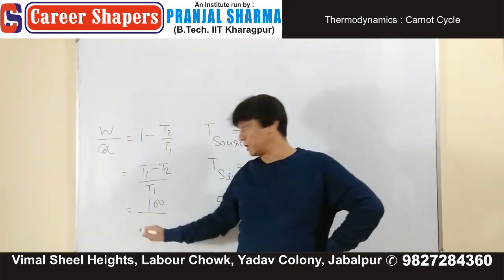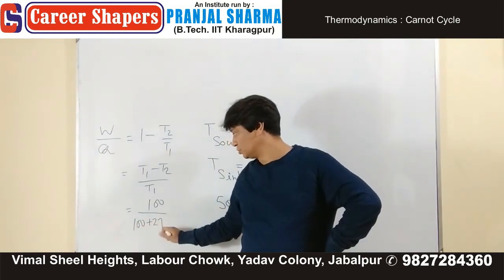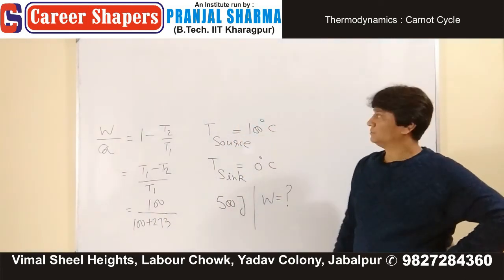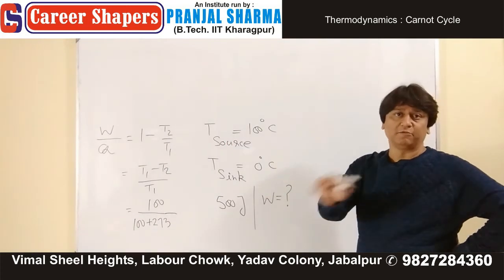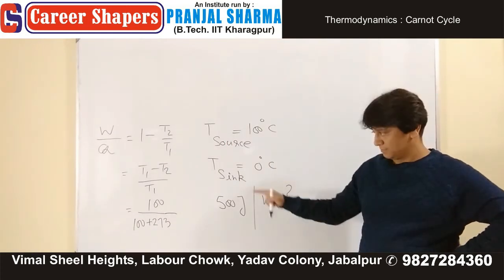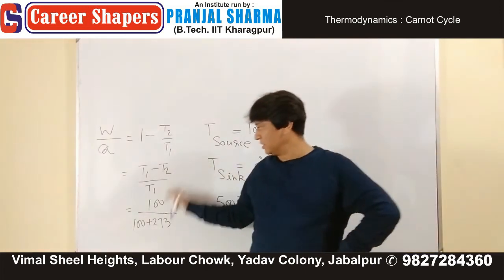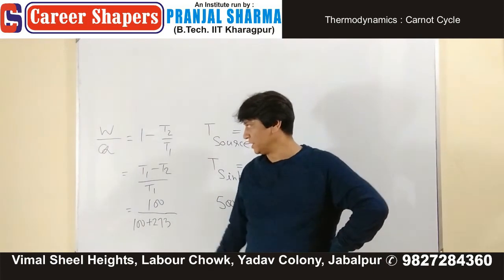But now you cannot write this as 100, it should be written as 100 plus 273. Again, difference wise, Celsius and Kelvin are the same. But temperature wise, T1 is not 100, it should be 100 plus 273.